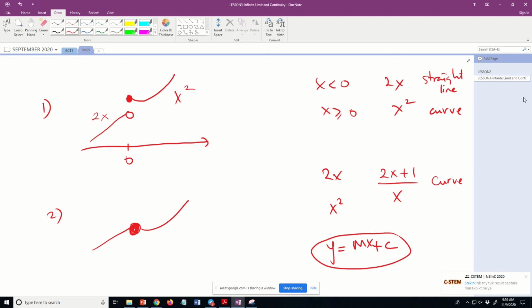Page 1 until page 5. Okay, do the exercise 1 until 5. Baca. Okay, then today I'll give you how you can do your quiz. Nanti saya akan explain what you really need to answer the quiz.